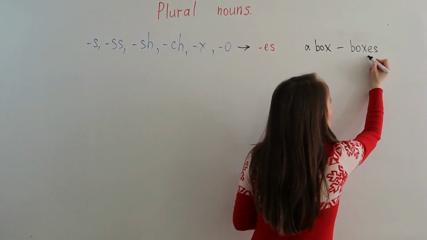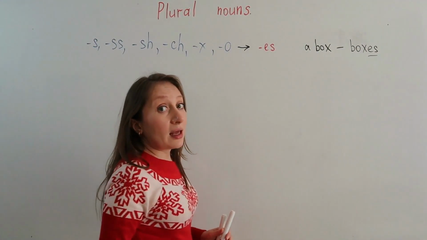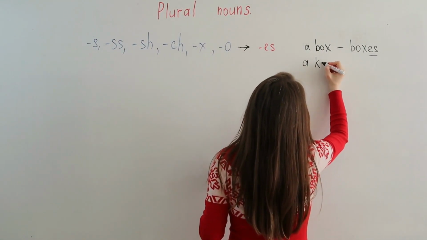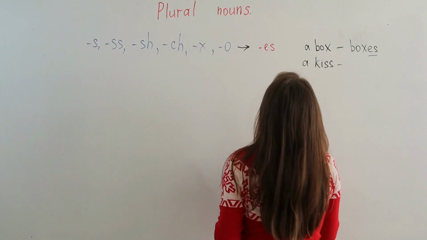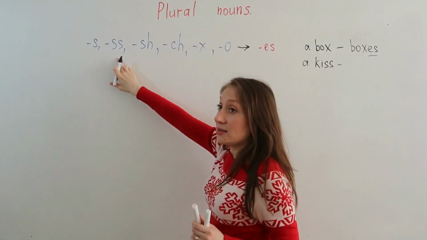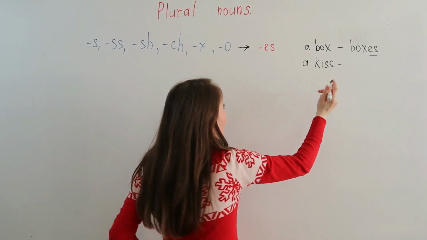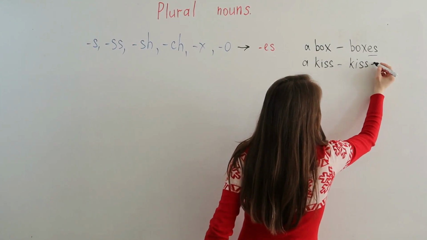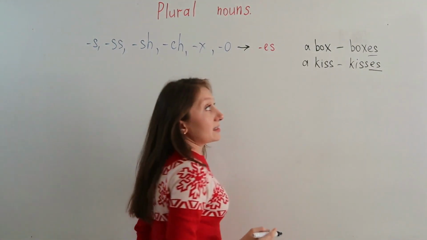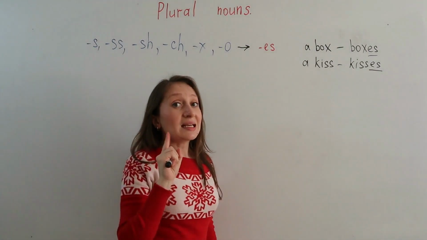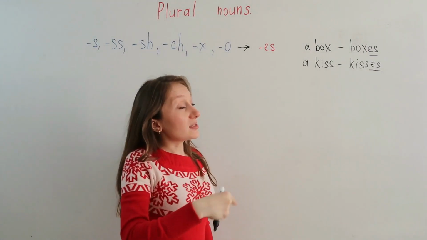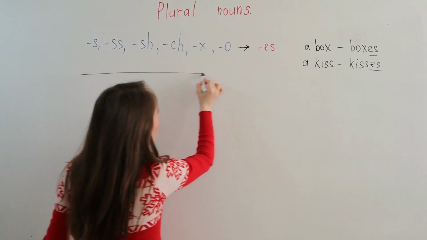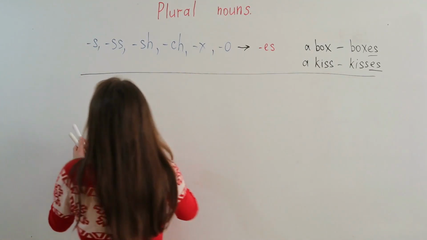Two boxes, three boxes, some boxes. We have this es at the end, right? Or the next word is a kiss. Okay, double s, the end will be kisses. Again, our es at the end, not just s, es. Boxes, kisses, right? The next rule is the following.